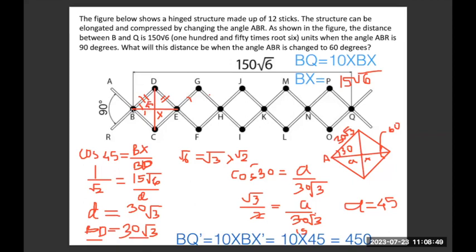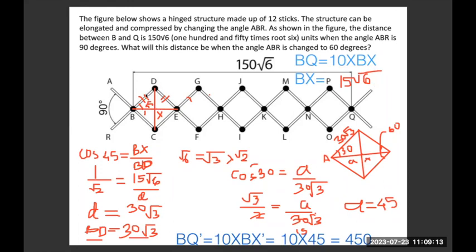I know this length BQ is 150 root 6, which is 10 times BX. So BX will be 150 root 6 divided by 10, which is 15 root 6.